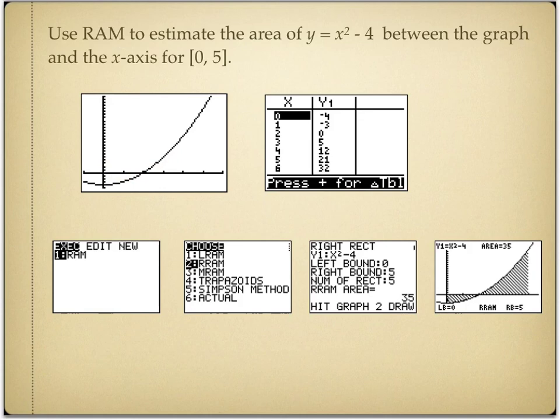Notice when x is 0, y is -4. We could make a little rectangle underneath there. When x is 1, y is -3, so we can make another little rectangle, and so on. We'd be able to figure out the areas by adding up these y values, and that would be one way to get our area.